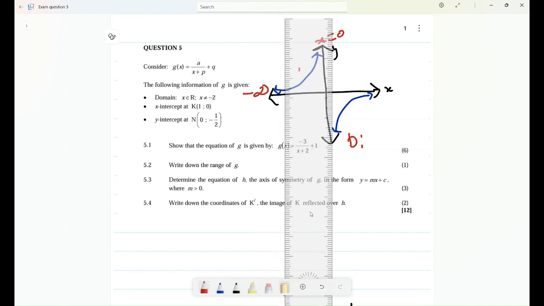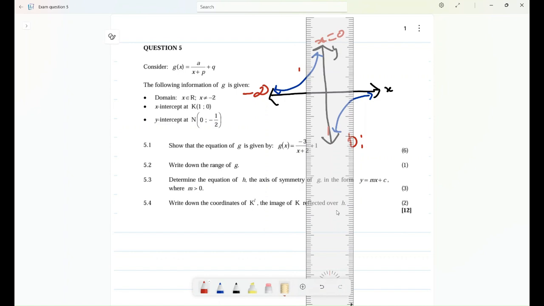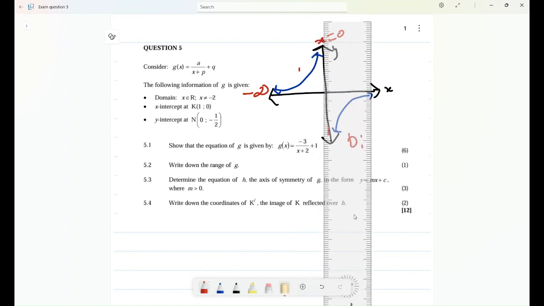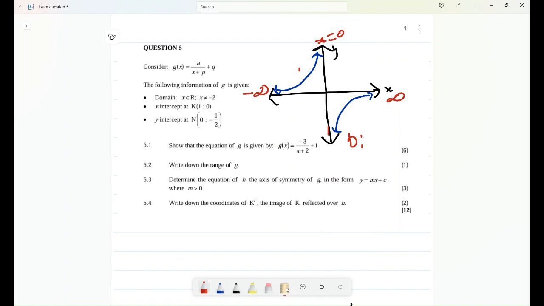Can you see where it is continuing here? We left it here, but it is continuing here. Here is our function, continuing up to positive infinity. Now, if that's the case, what is my domain in this case?